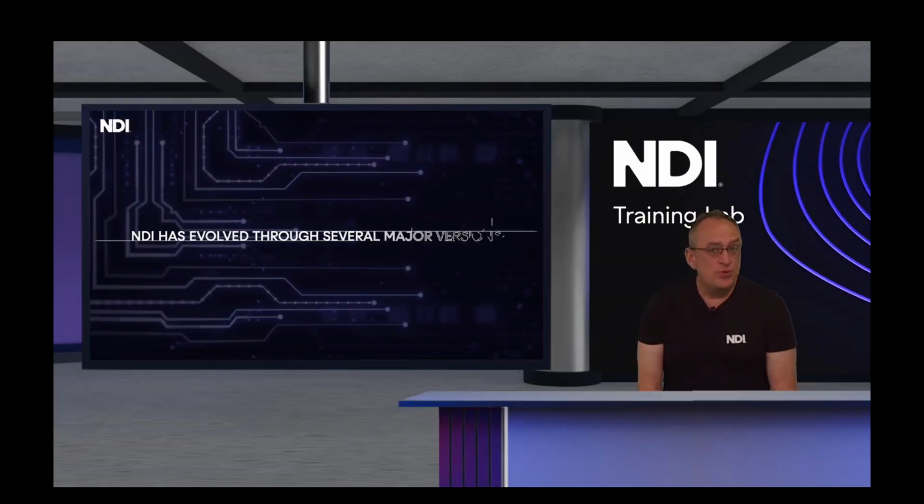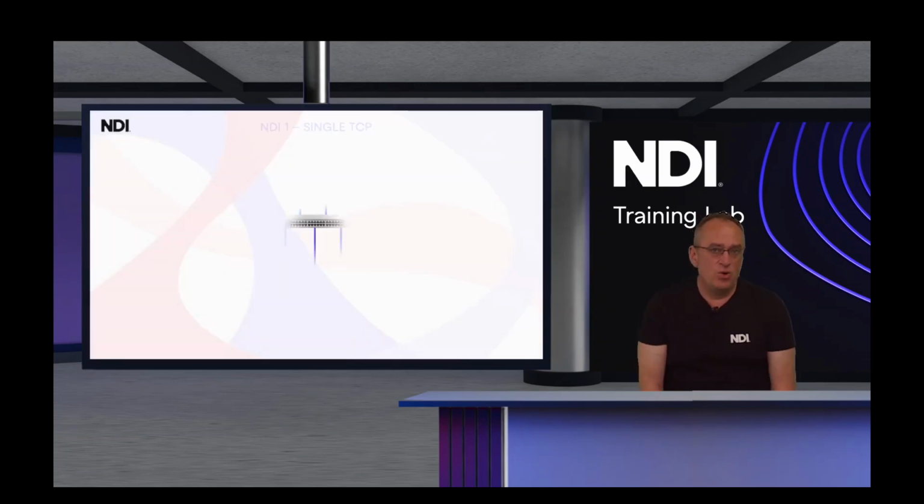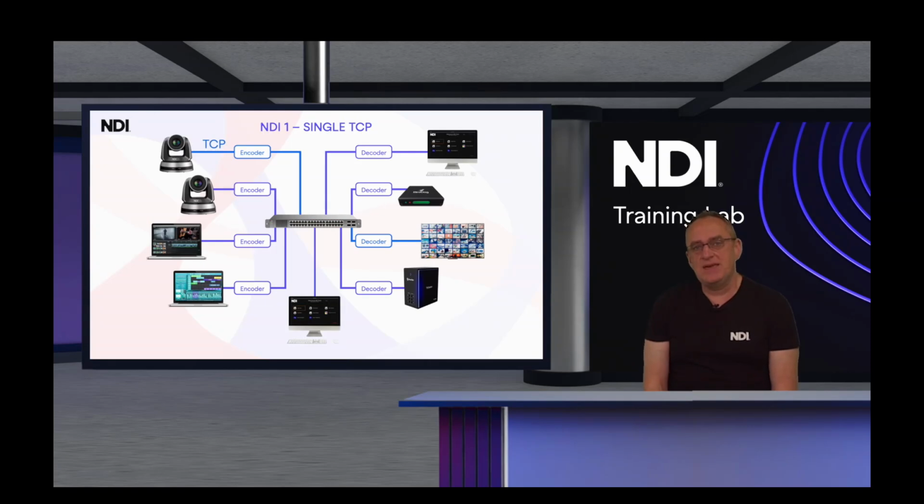NDI has evolved through several major versions, each introducing transport layer improvements to meet real-time video production demands across various network topologies. NDI 1 gave us single TCP. This was the initial implementation of NDI, and it used a single transport control protocol.